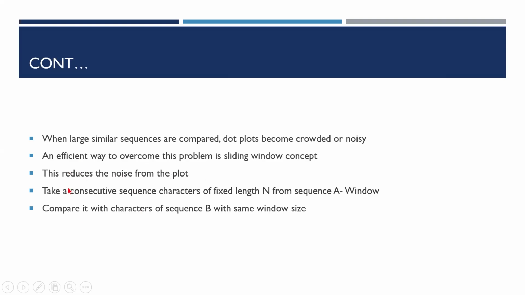What we do in the sliding window concept is take a consecutive sequence of characters of fixed length n. Say, for example, the sequence length is about 100 amino acids. In that case, you take a consecutive sequence of characters of fixed length, say 10. That fixed length of sequence is called a window.